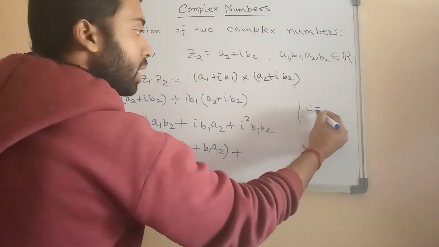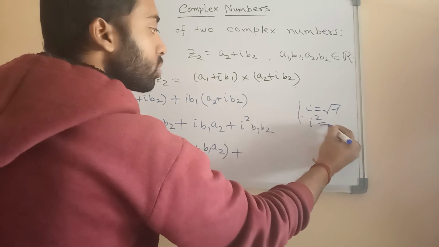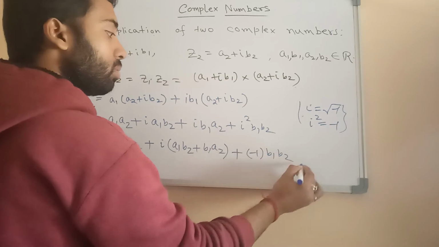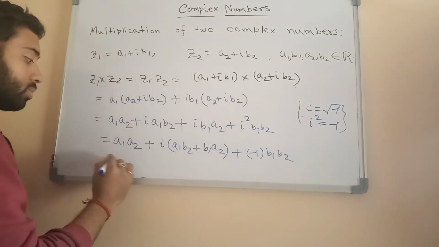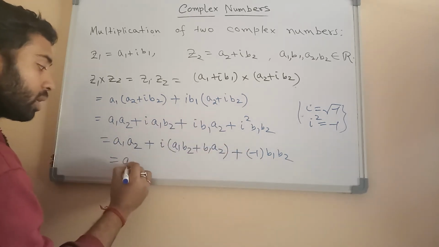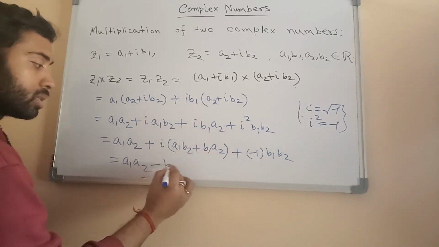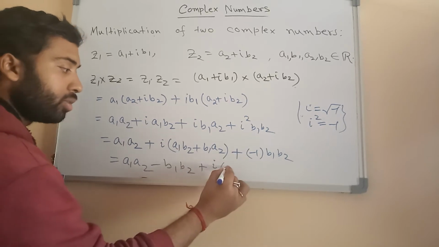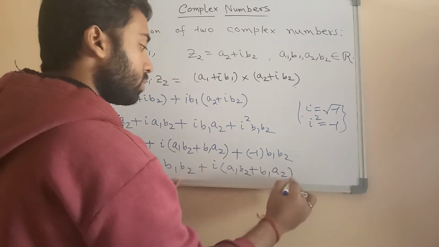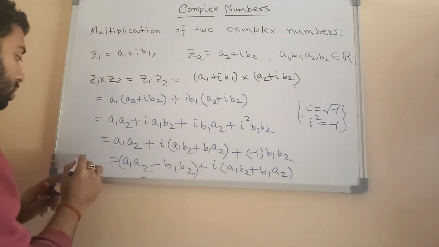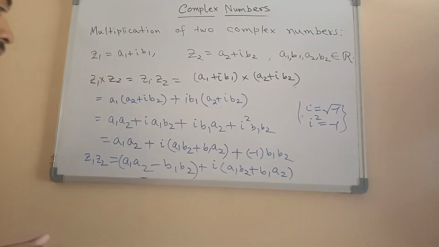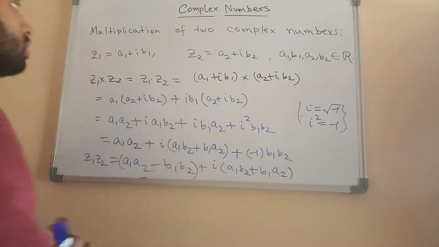You can remember, i is root under minus 1 and i square is minus 1, so we can put here minus 1 b1 b2. So take the terms without i altogether: a1 a2 minus b1 b2 plus i into a1 b2 plus b1 a2. So this is the form when we multiply two complex numbers. So let's take an example.